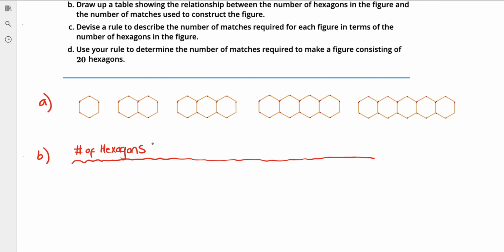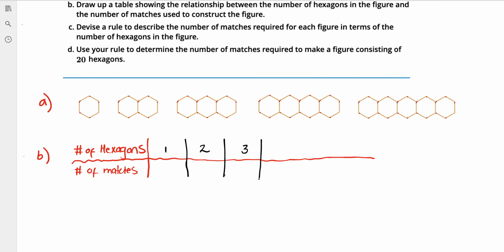You can use your ruler, and then we're going to put underneath number of matches.